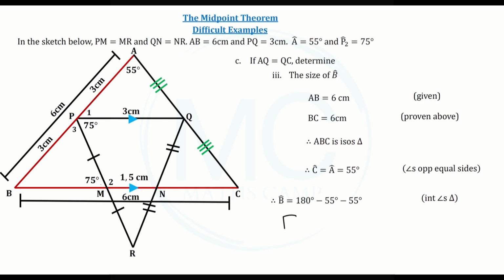Now we can see that angle B is equal to 180 degrees. 55 plus 55 gives us 110. So we say minus 110 degrees, which means that angle B is equal to 70 degrees.